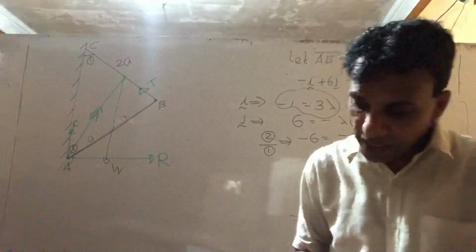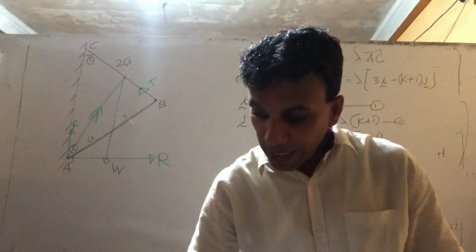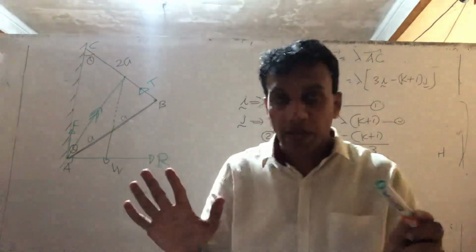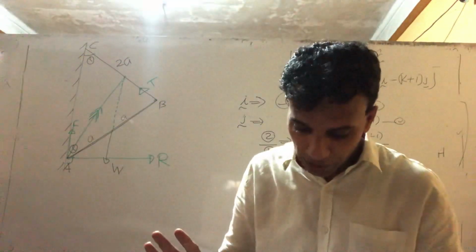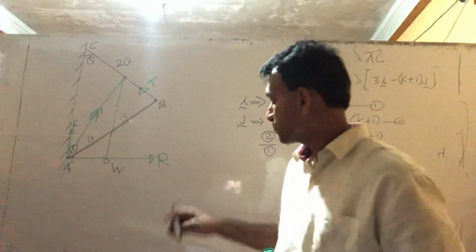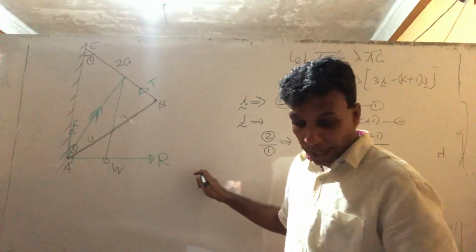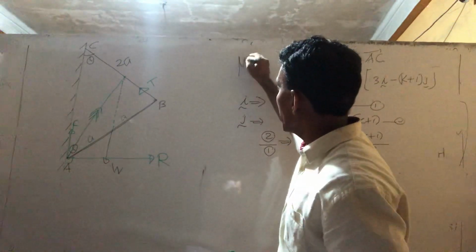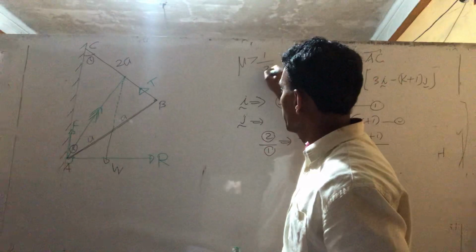Now what is the question? The system is in equilibrium without slipping, right? It could slip, but they say no slip. It's in perfect equilibrium. Then show the coefficient of friction mu is greater than 1 over root 3.